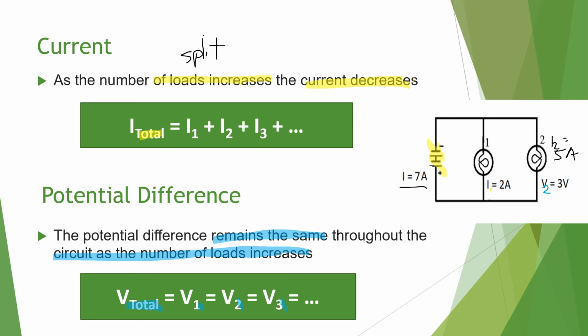So it's the same across the circuit. So if V2, so voltage at load 2 is 3, then we know voltage at load 1 is 3, and voltage total at the energy source is also going to be 3. Okay, so I will put here constant. So potential difference is constant in parallel circuits.